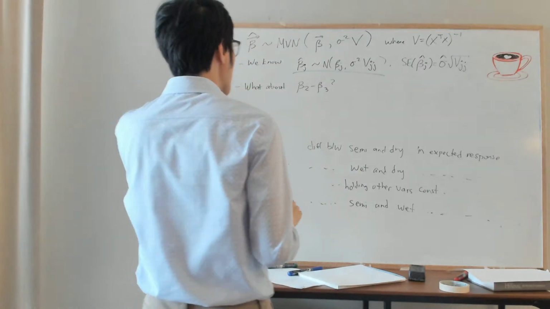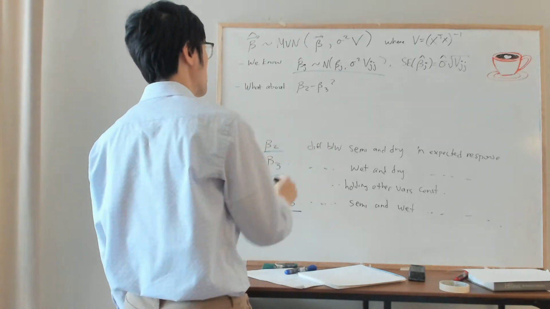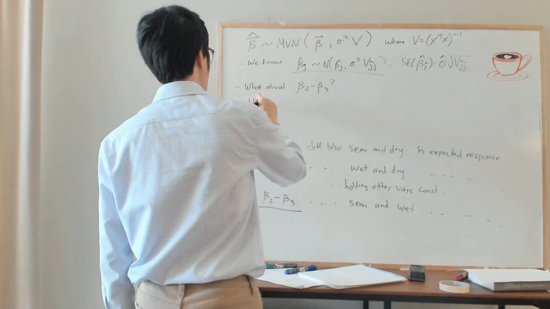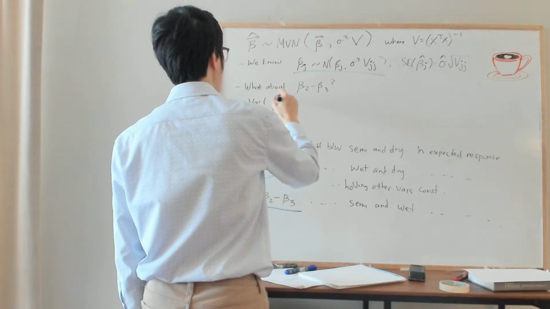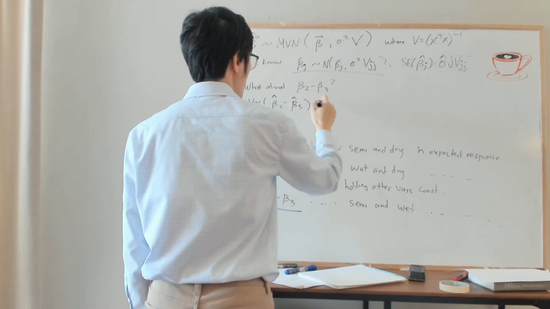Okay, well, in order to get a confidence interval, first we need the standard error, so let's write down the expression for the variance. Viewing these as random variables, the variance of beta 2 hat minus beta 3 hat.